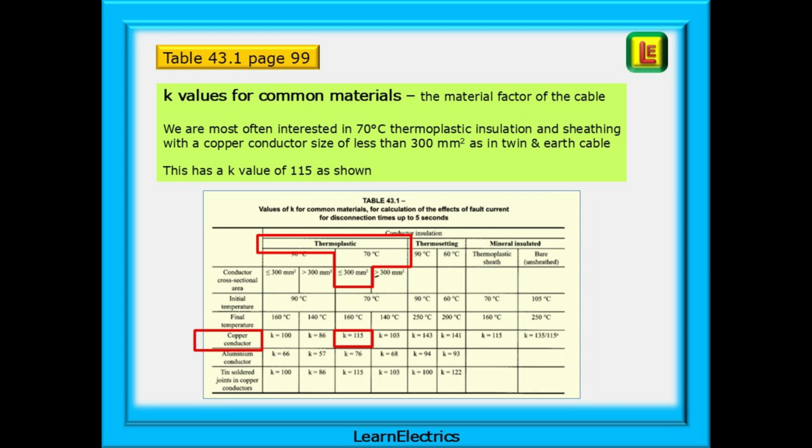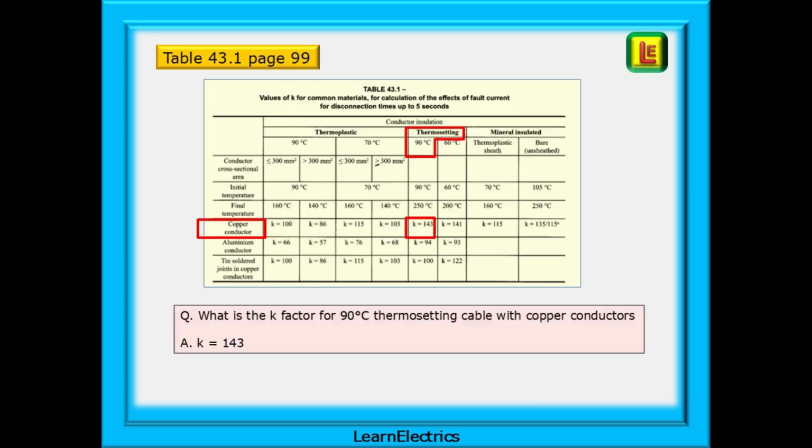This has a K value of 115 as shown. An exam question might ask, what is the K factor for 90 degrees Celsius thermosetting cable with copper conductors? Find thermosetting, find the column for 90 degrees, and where the copper conductor row coincides, read off the answer. This has a K value of 143.